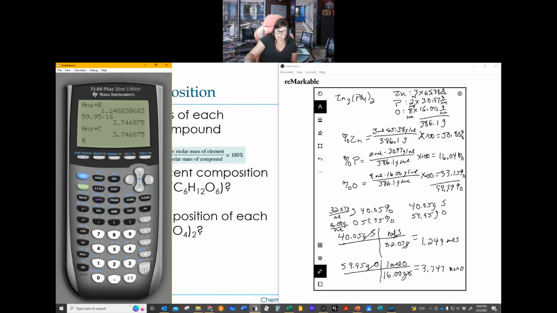Now what it says is that I need to write this as a ratio, right? So I have S 1.249 and O 3.747, because I know I need subscripts that go with each of these things. Now those aren't even numbers, so I'm not going to be able to work with the numbers as they exist. I'm going to have to divide by the lowest number, which is what it said.